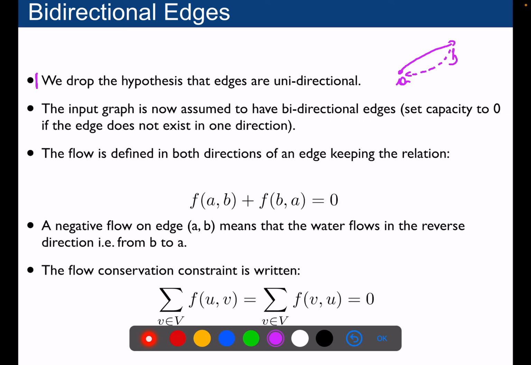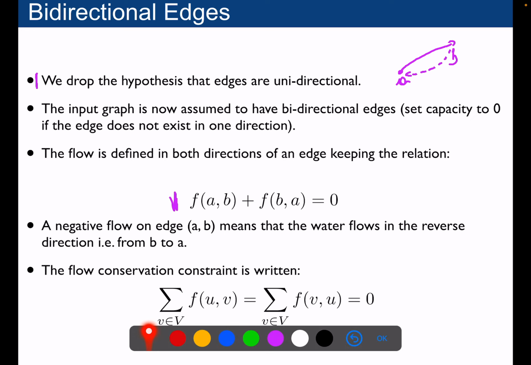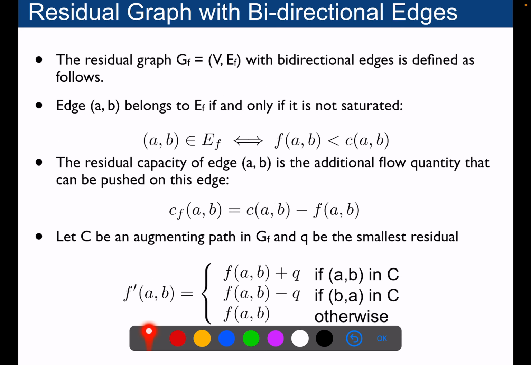Okay, and the flow will now be defined in both directions of an edge by keeping this relation always satisfied. The flow from A to B plus the flow from B to A is equal to 0. And so the flow conservation constraint will be written like this. Okay, it's pretty similar to what we had before. Okay, but it's not a strong requirement that the edges are unidirectional anymore.